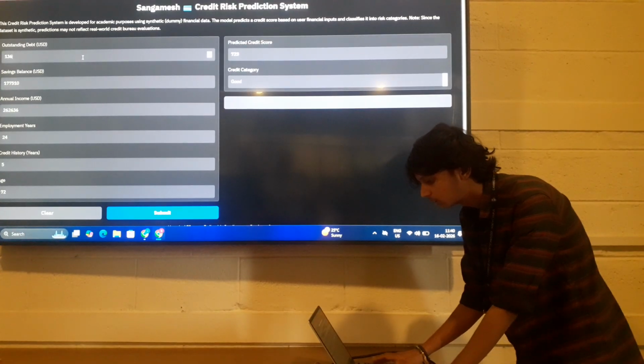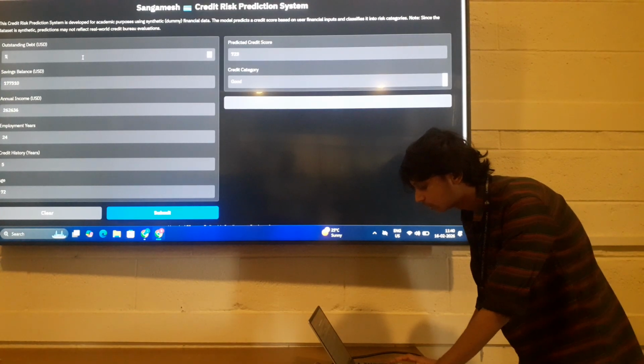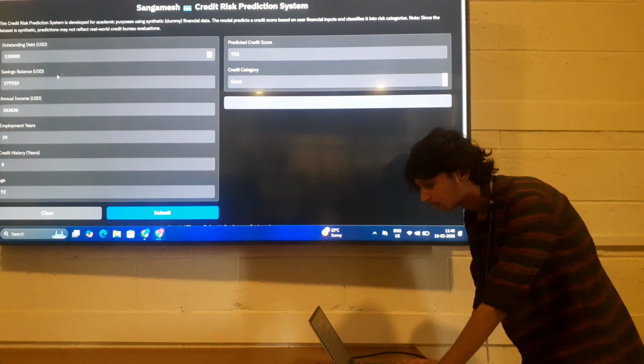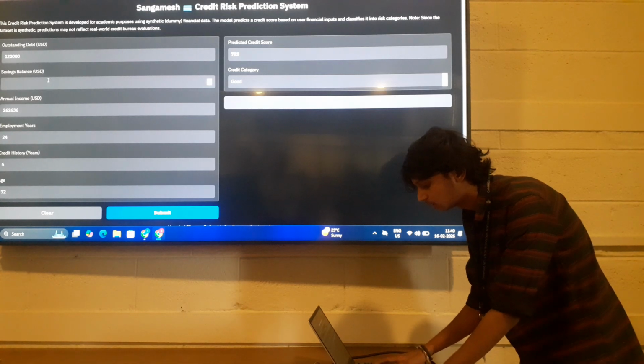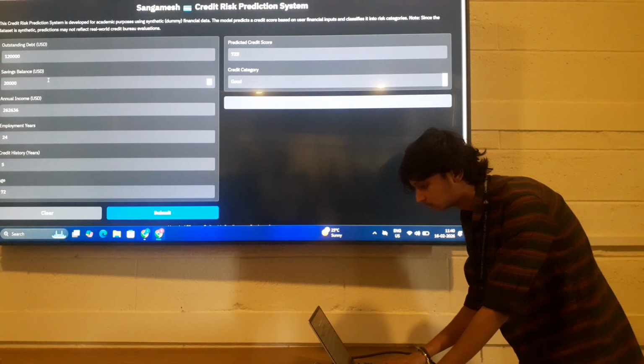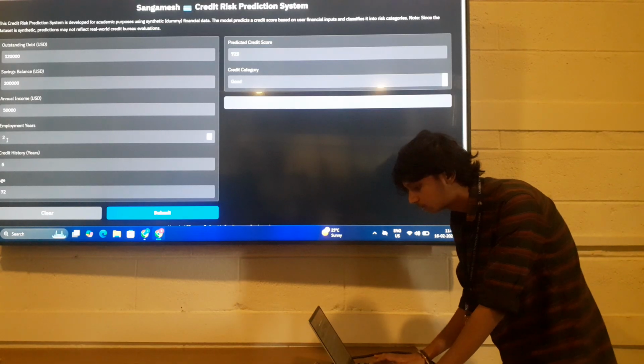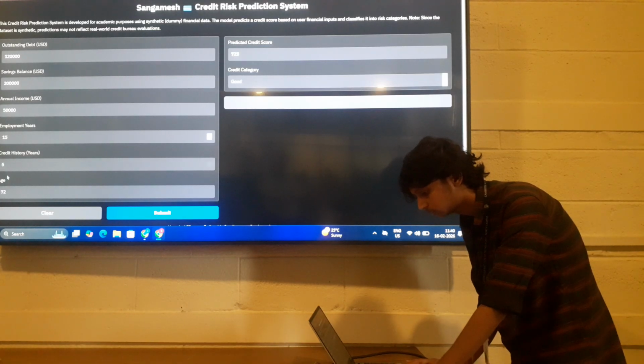Consider that outstanding debt is around 1,20,000, and savings balance is like 2 lakhs. Annual income is 50,000. Employment years is around 15 years.